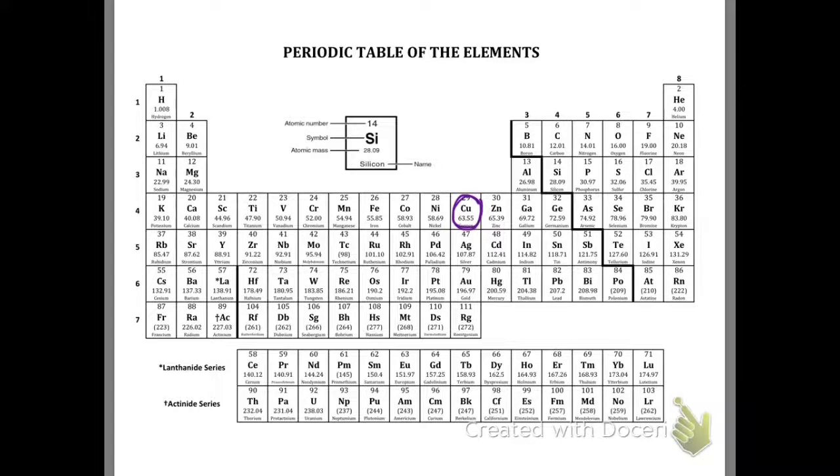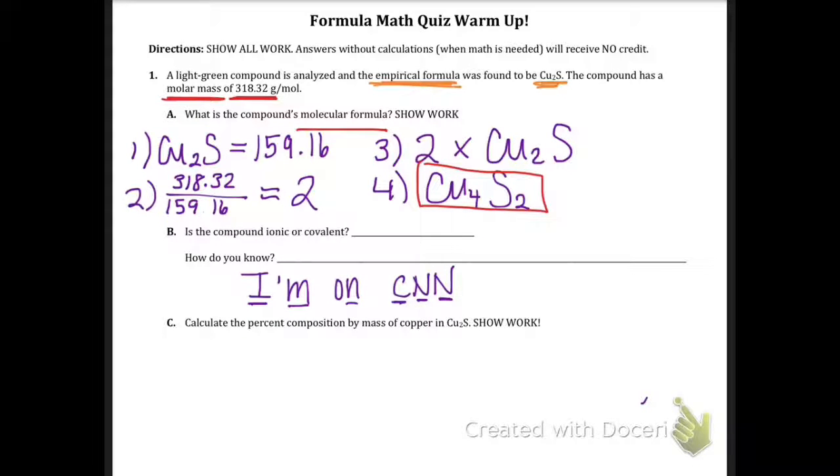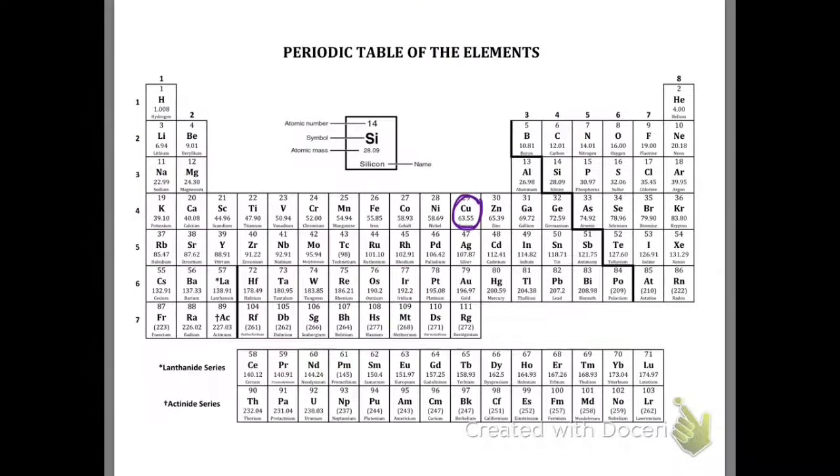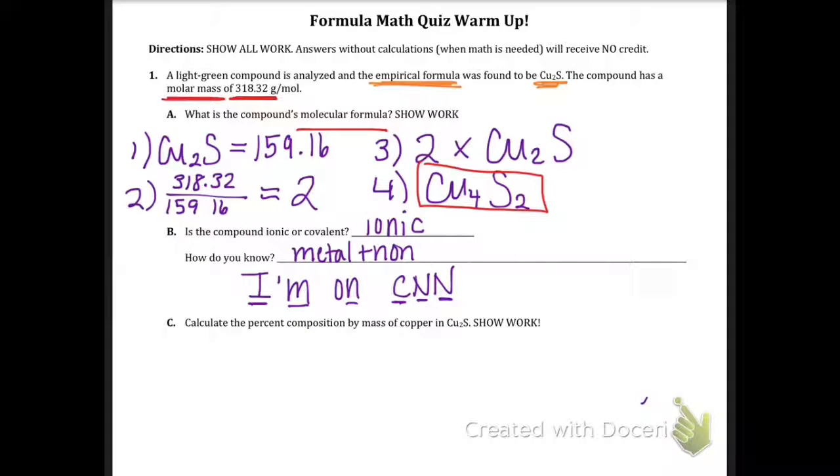That's a metal. So you know that this is ionic. So I'm going to write ionic here. We know it's ionic because it has a metal with a nonmetal. If you want to double check, sulfur is on the right-hand side of the staircase, so it is a nonmetal.